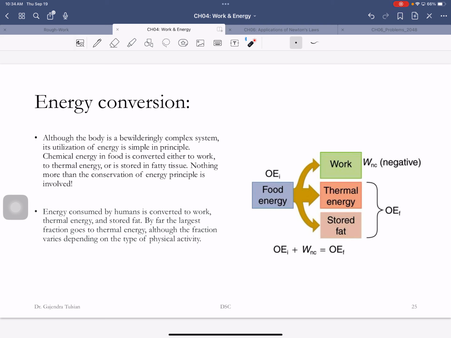Why do you store the excess energy as fat? Pound for pound, you can store more energy in fat. Okay? So in 1 pound, you can store twice the energy as in 1 pound of protein. So that's why we store it. So the energy density is higher. Okay?